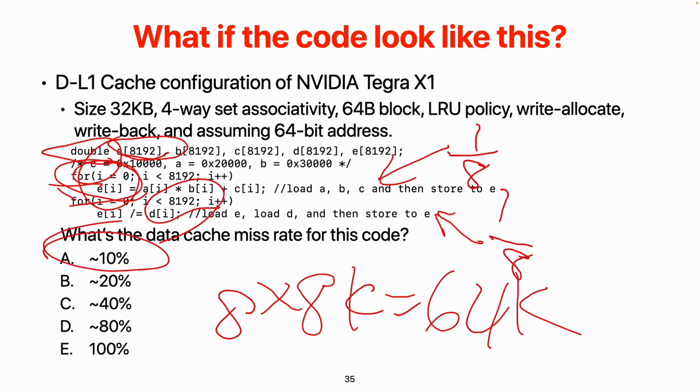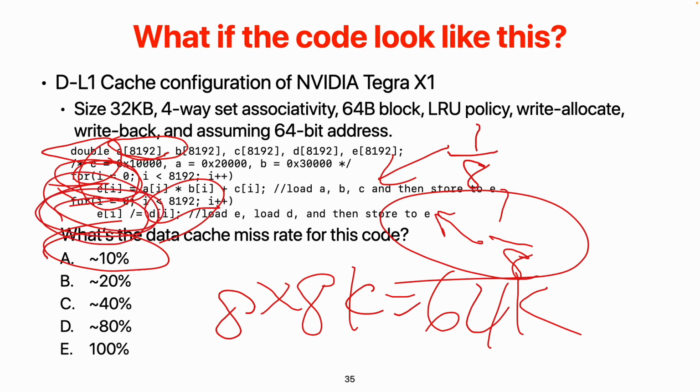So based on that, actually A is the right estimation because we are going to see this miss rate anyway. However, right now, we have 2 types of miss in play. One is compulsory misses.